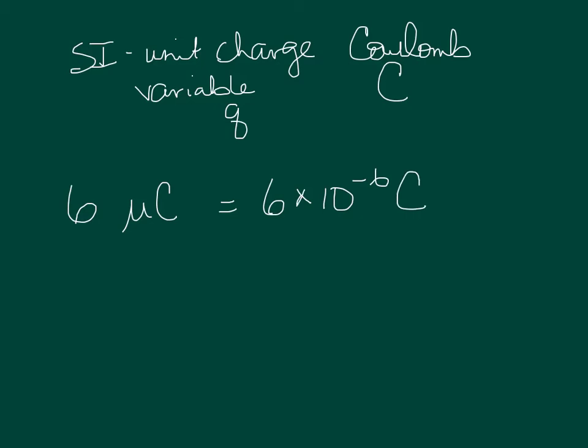And sometimes I might be talking about nanocoulombs. Remember, nano, negative 9. So if I had 6 nanocoulombs, that's 6 times 10 to the minus 9 coulombs. So you are going to have to standardize your units and change your micros and your nanos to plain old coulombs.